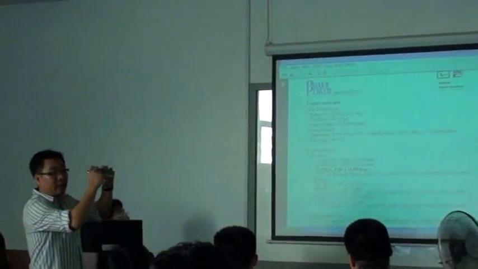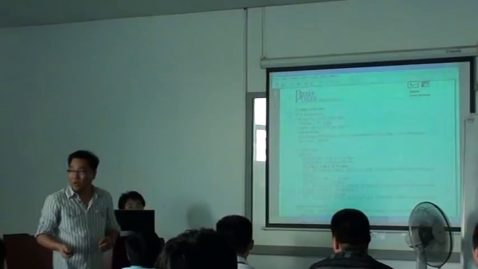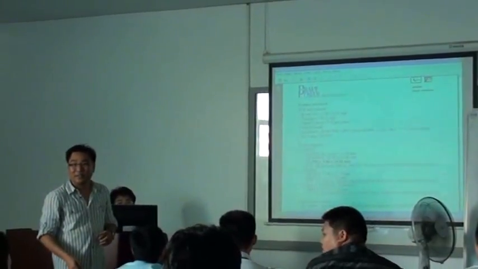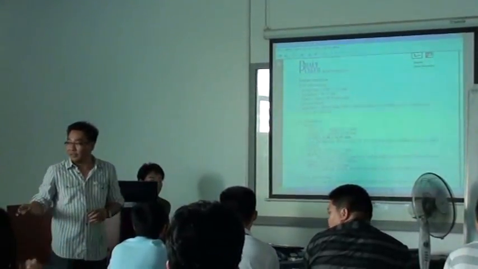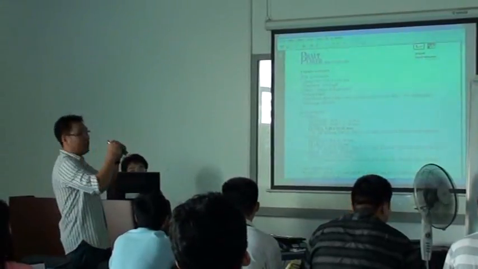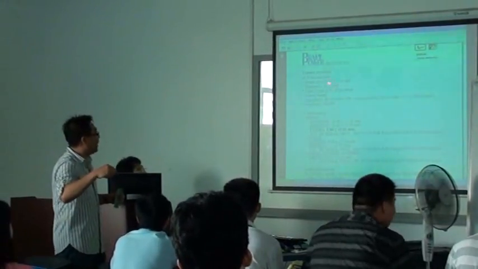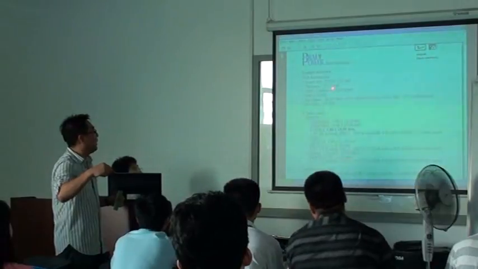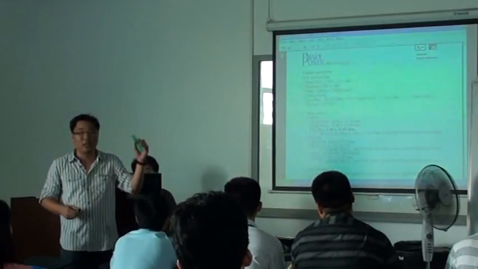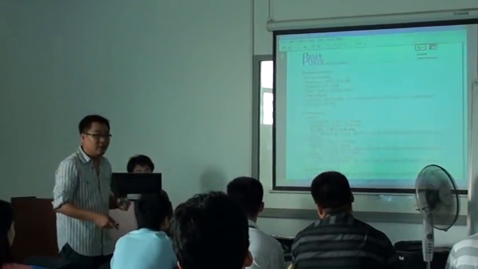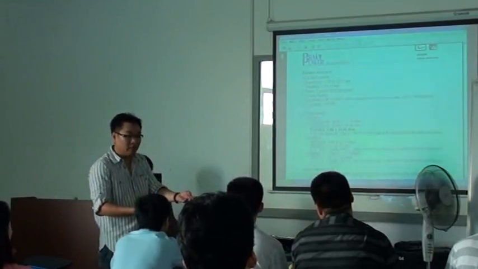The height, everybody knows, right? 7.1. Okay, that's the dimension. The thickness is 50 plus or minus 4 mil. What is the thickness? Show me where the thickness is.